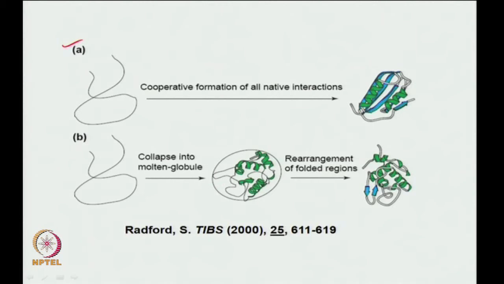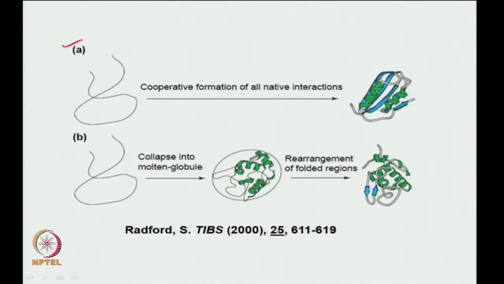You see these beta strands out here, these blue ones, are not yet developed here, but a lot of the alpha helical packing or a lot of the alpha helices are already developed. So, what does this mean? You are not talking about a fully denatured state. You are talking about a part of a native state which has melted, that means which has denatured, that is why it is called a molten globule. So, a molten globule is not necessarily the denatured state, it can be very close to your native state, retaining a lot of the native state structure. Okay.